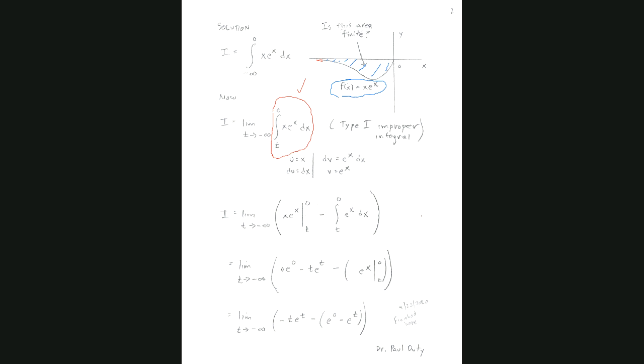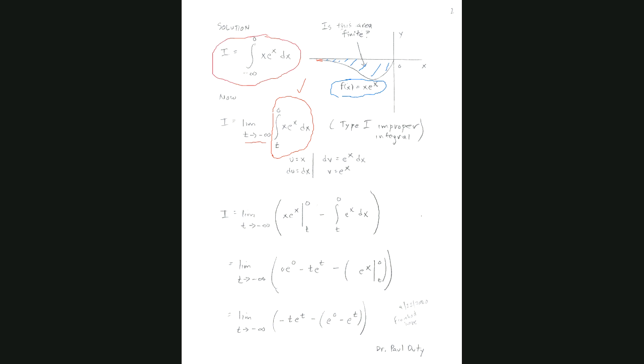And then we're going to integrate the integral from t to 0 of x times e to the x dx. But then our answer is going to be a function of t. And so what we do then is we take the limit as t approaches negative infinity, and that will get us our answer for our improper integral here. Okay, that's how you deal with these problems.